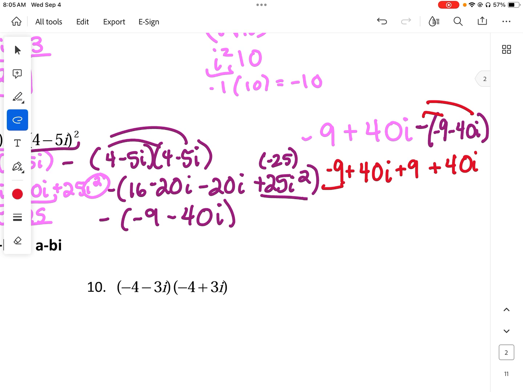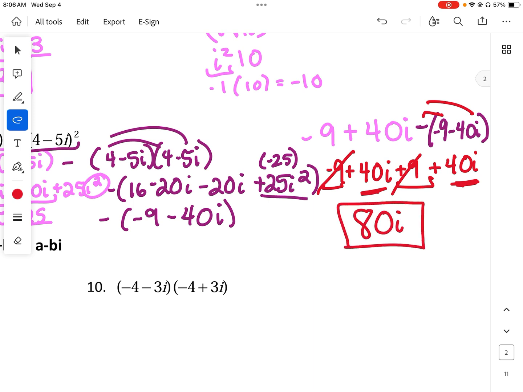So we're going to combine like terms. Negative 9 plus 9 is 0, but then we have 40i plus 40i is 80i. Okay, so that took a little bit of work, but we were able to finish it out.